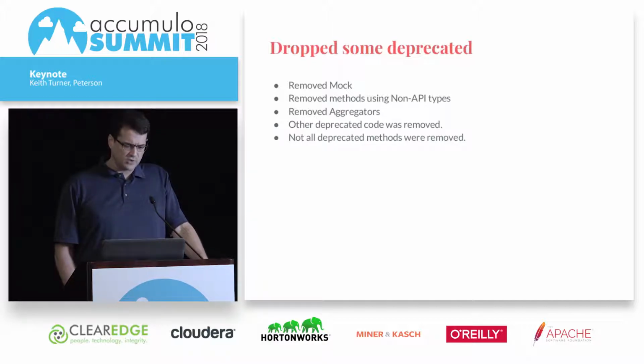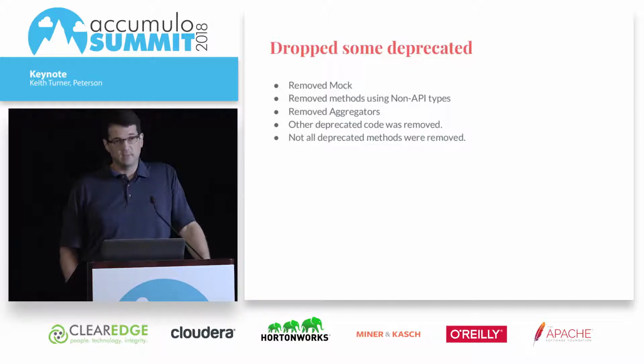Some of the other things that were dropped were public API methods that use non-public API types. We weren't doing anything to make sure those methods were stable, because when we analyze whether the public API changed, we're only looking at public API types.